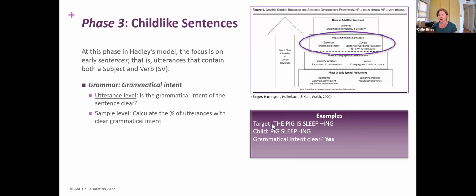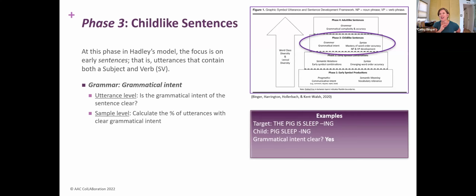The child is missing the article here. The child is missing the auxiliary verb here. So they're missing a couple of words. It's not an adult-like sentence that's almost or is exactly grammatically complete, but we still know what the kid is trying to say. Okay, so they're getting their point across. They're getting enough words in there that you know what they're trying to say.